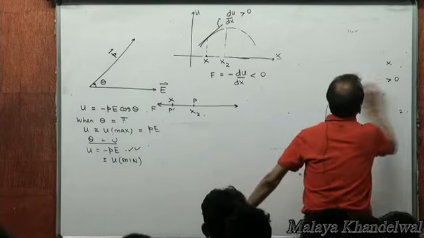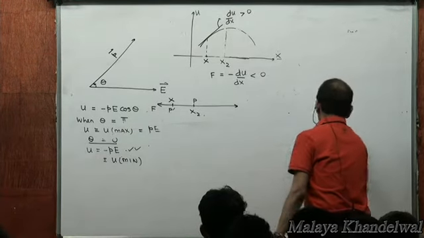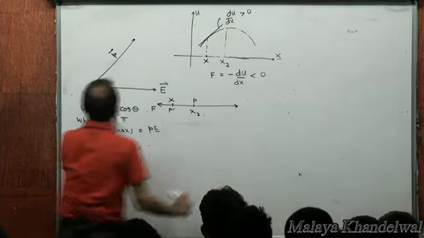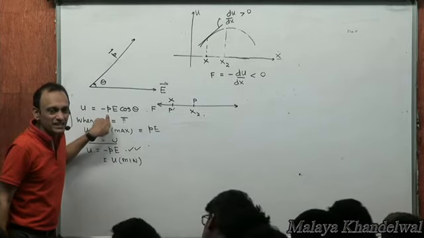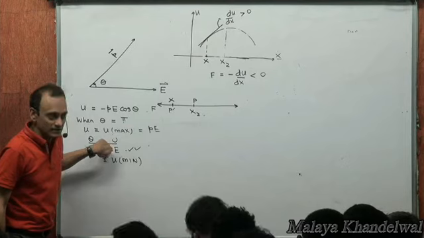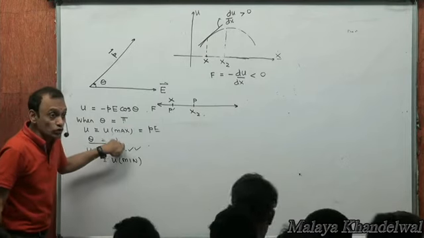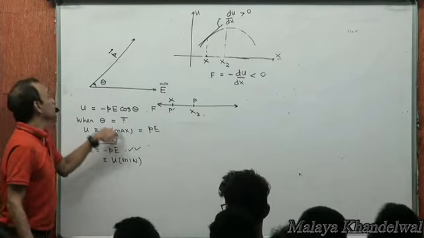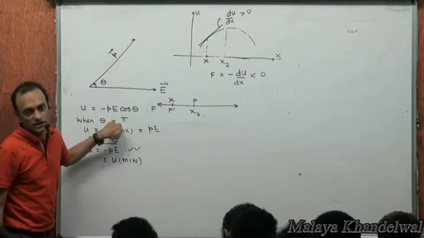And like I said, theta equal to pi produced maximum potential energy, theta equal to 0 produced lowest potential energy, right? So theta equal to 0 must be stable equilibrium, theta equal to pi must be unstable equilibrium.